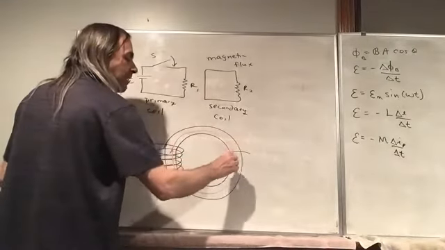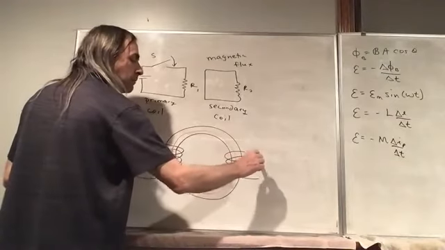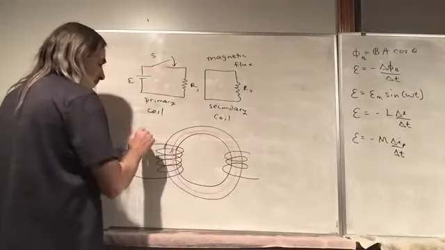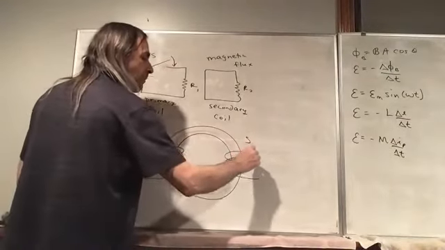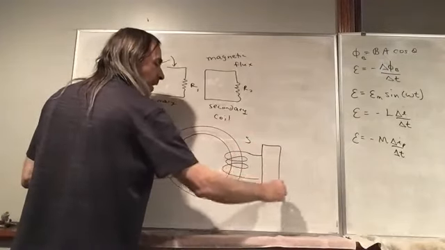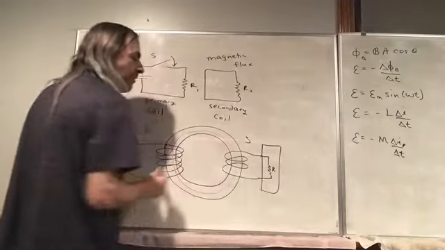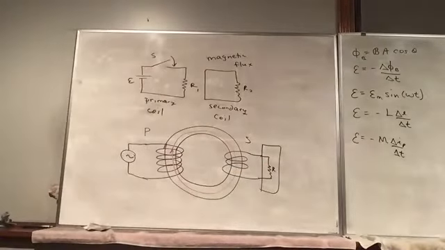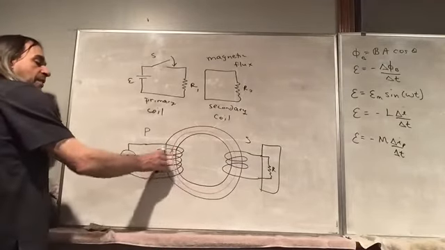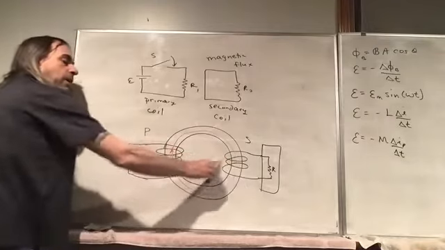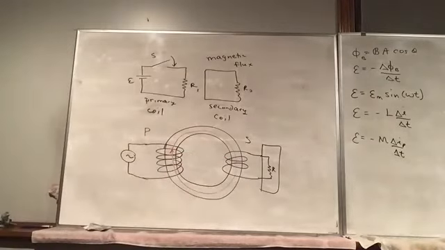So if we put a secondary coil over here, say hook this up to some device, which will have an internal resistance, we can basically say in this case that the flux through each coil is the same.